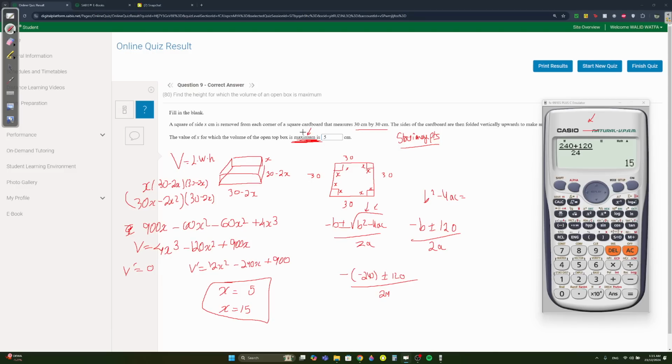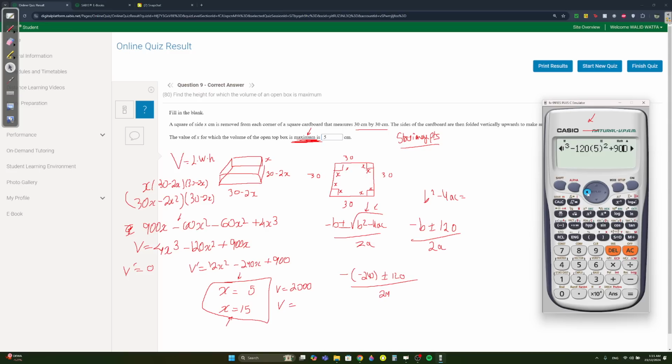So you're going to substitute both of these values into your volume and see which one gives you a higher value of volume. So at x equals 5, what does V equal? Nothing simpler. Go to your calculator, substitute 5. 4 times 5 cubed minus 120 times 5 squared plus 900 times 5 gives 2000. Now let's put 15.